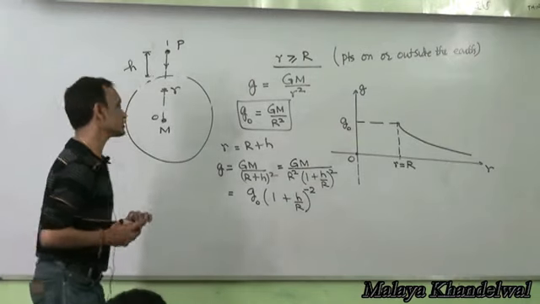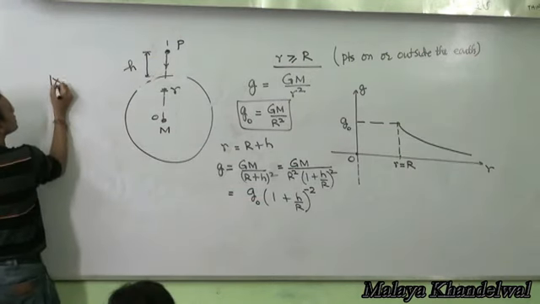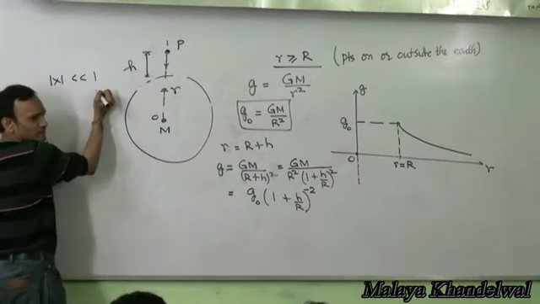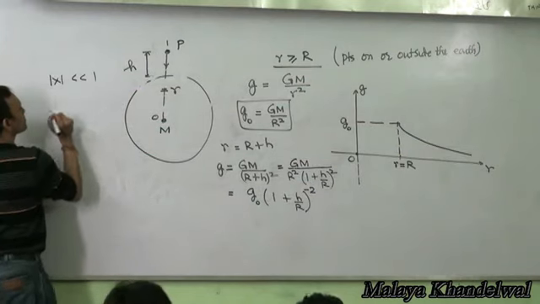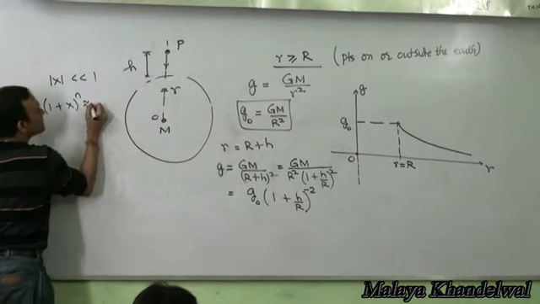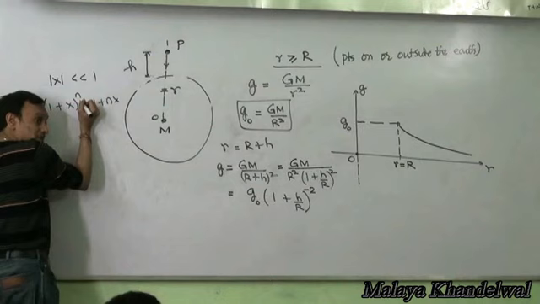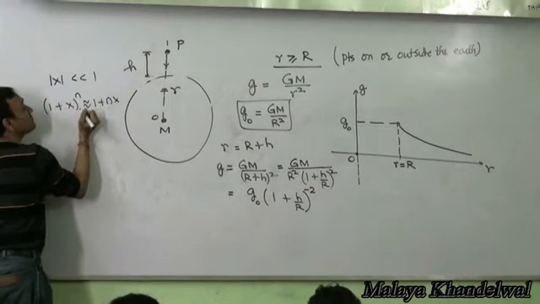Now, one result in generalized binomial theorem which I want to state here is that if x is numerically much less than 1, then (1 plus x) power n is approximately equal to 1 plus nx for any n. n need not be an integer, n can be a fraction, n can be a positive integer, can be a negative integer.